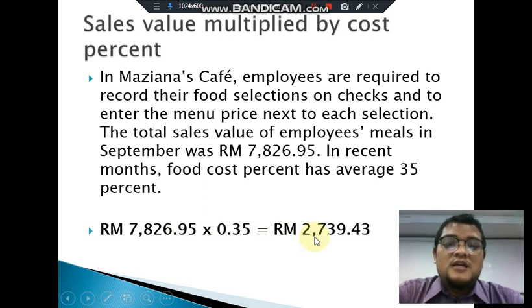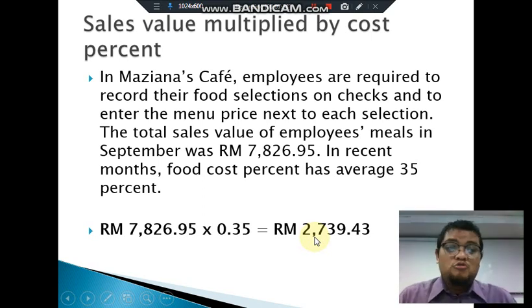Guys, I would like to explain the situation. In this number 4 method, employees go to the restaurant and they record what they take for meals. They have to record their food selection and also the menu price. So they record whatever they take, and the price of the food that they take from the restaurant.